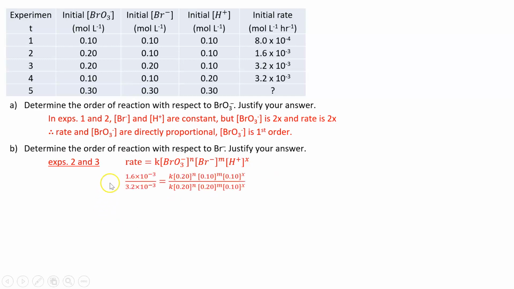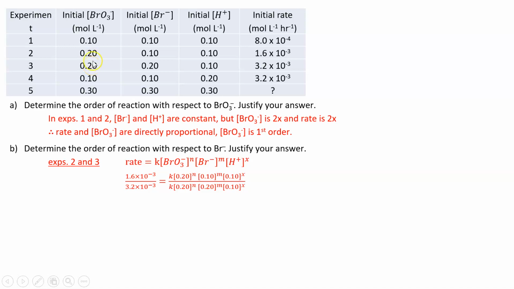All right, so we want to compare experiments 2 and 3. Experiment 2 is on top. The rate is 1.6 times 10 to the negative 3. The rate of experiment 3 is 3.2 times 10 to the negative 3rd. We got that from right here. And then we're going to plug in the values. The concentration of bromate in experiment 2 is 0.2.